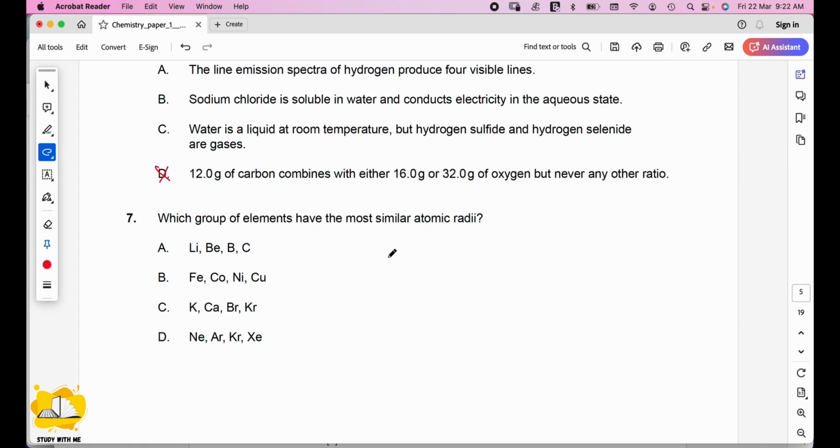And let's say for number 7. Number 7, let me explain it in a little more detail. The answer here is the transition metals, because their atomic radius is quite similar, there's not much difference, compared to A, C, and D. For A, it is lithium, beryllium, boron, and carbon.